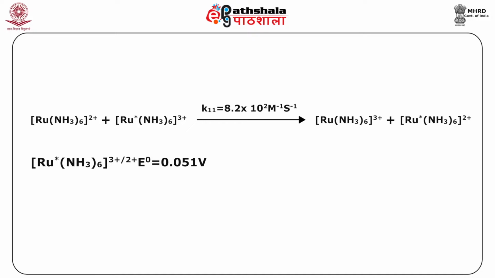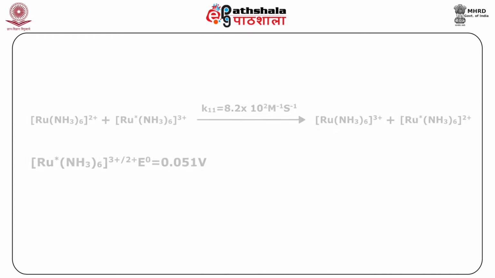So what does it mean? It means that the rate of reaction depends upon which metal is there and which ligand is attached. The redox couple Ru and Ru* 3+/2+ has a redox potential of 0.051 volt, where ruthenium and ruthenium star are isotopes, and for them delta G standard equals 0.